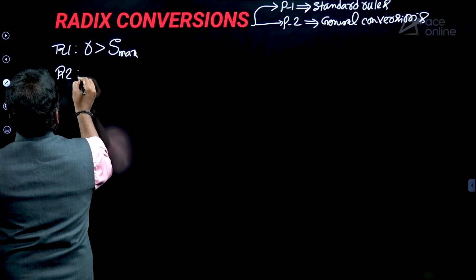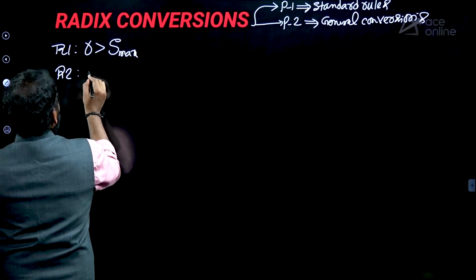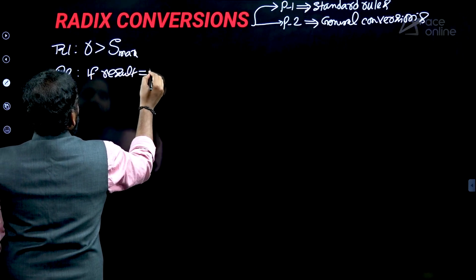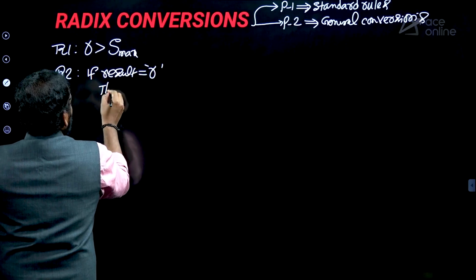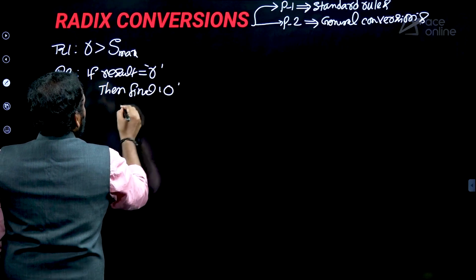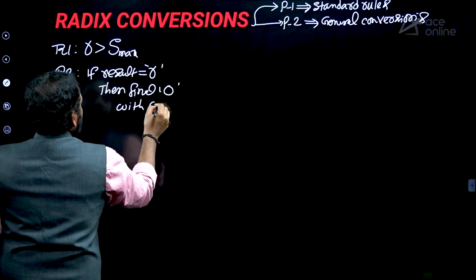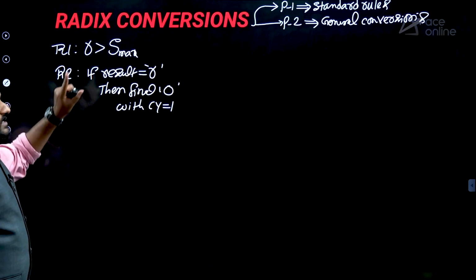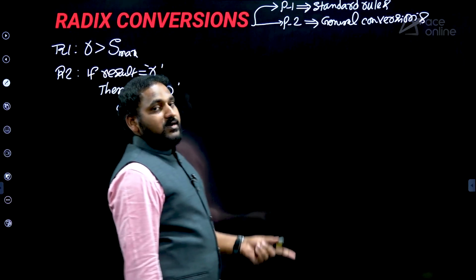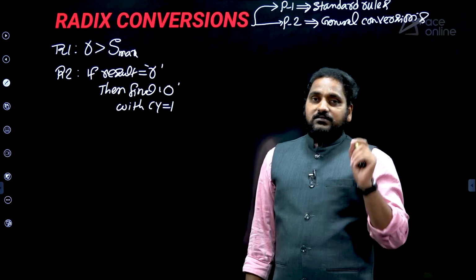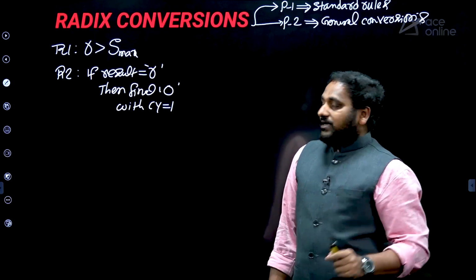And rule number 2, while doing an arithmetic operation, if the result is equal to the radix value, then the final answer should be 0 with a carry to the next bit position. Radix can never be negative or 0. Another point: radix should always be a positive integer. Right? These are the important points.